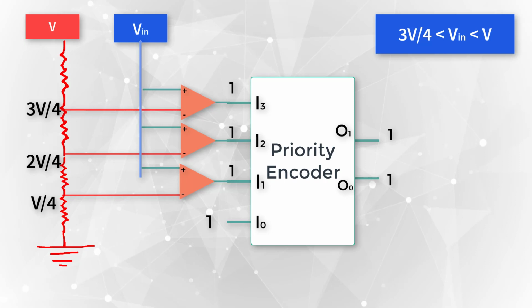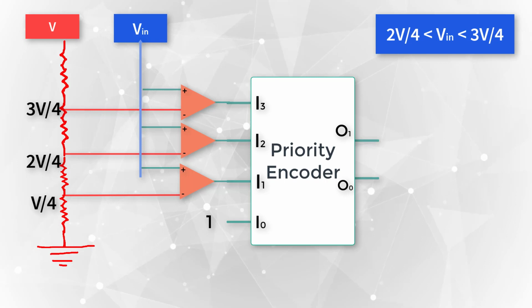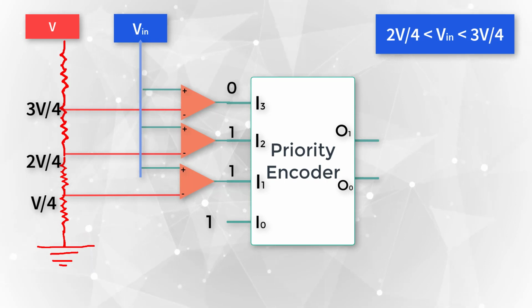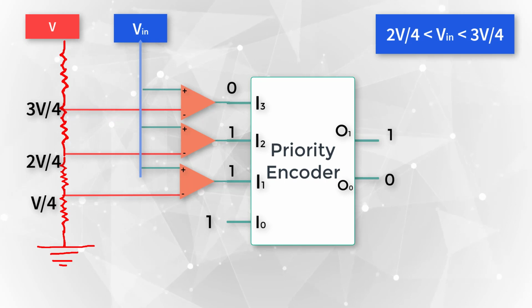If input voltage ranges from 2V by 4 to 3V by 4, op-amp 3 has 0 output. Others will have 1. Now, the priority encoder gives priority to op-amp 2 output, and will give its output as 1, 0.